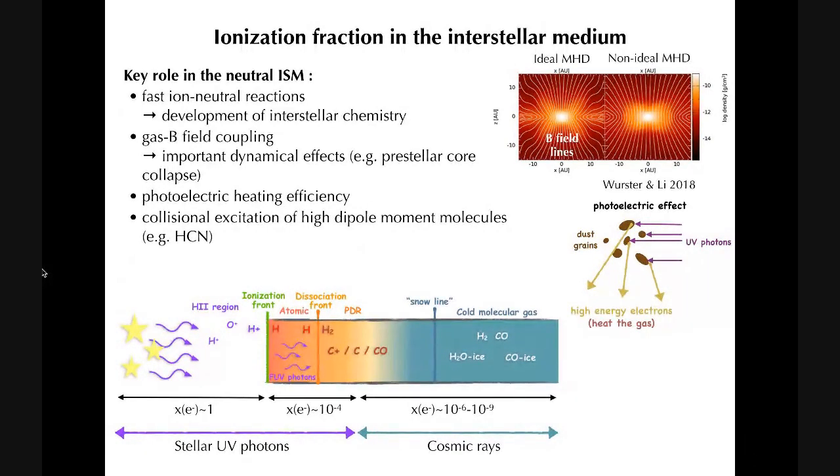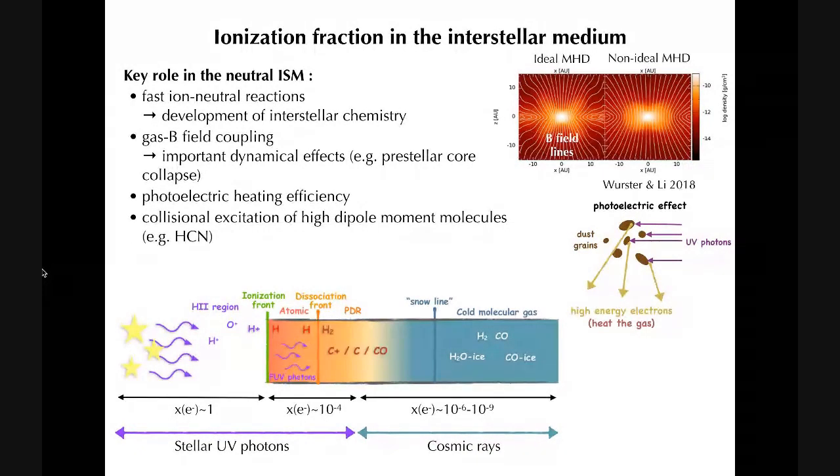Then we move to regions where the only UV photons left cannot ionize hydrogen, but they can ionize carbon, and then we have an ionization fraction closer to 10^-4. Then it decreases up to some point where stellar UV photons become negligible and cosmic rays dominate the ionization. The ionization fraction is then usually found between 10^-6 and 10^-9. So now the question is, how can we measure this ionization fraction?